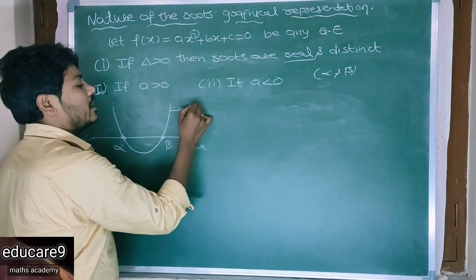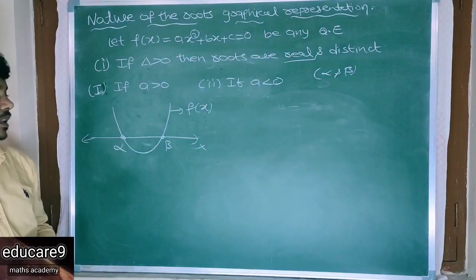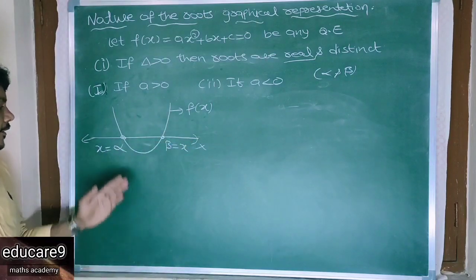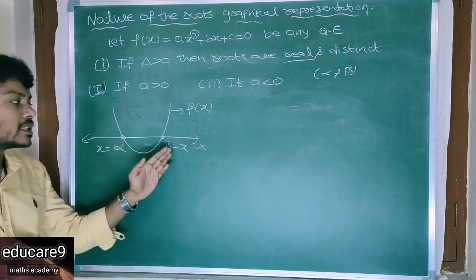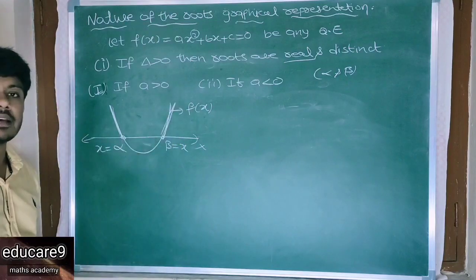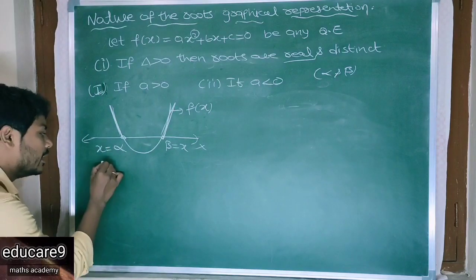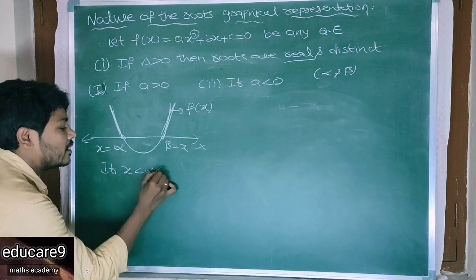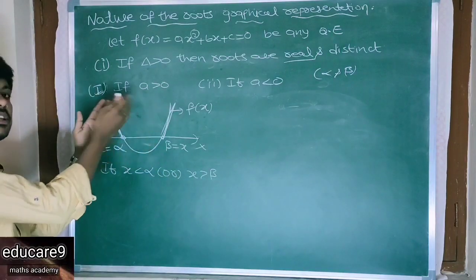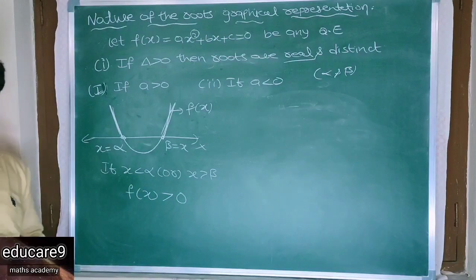So this is f(x), that is the ax² + bx + c graph. Now see here, these are the x values: x = alpha, x = beta. If x is less than alpha or x is greater than beta, in that case the graph lies above the x-axis, so f(x) is positive.